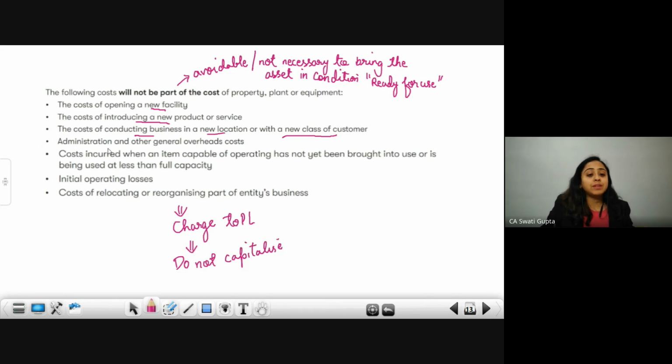Fourth one, administration and other general overheads. Okay, these should be charged to PL. These are general overheads. Always, one more thing, never add any allocated expense.